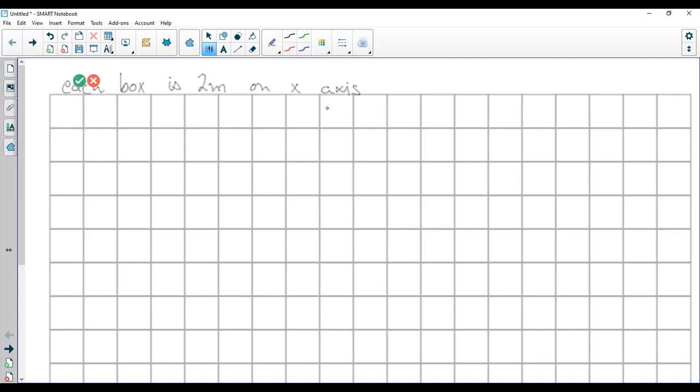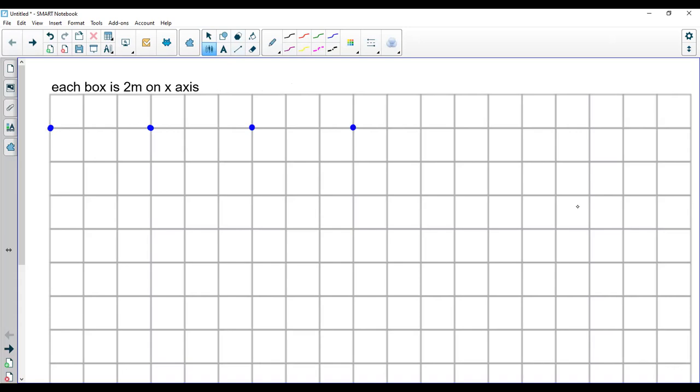Okay, so each box is 2 meters on the x-axis. So I show you the position of an object after 1 second. So it was here. After 1 second, it's here. After 2 seconds, it's here. After 3 seconds, it's here.